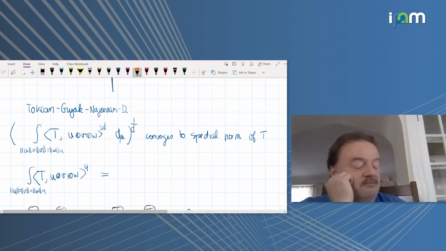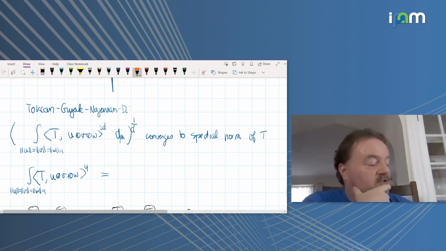So to make this relevant for this conference, you could, for example, compute the following. You take a tensor and you take the inner product with a simple tensor of length 1, and then you integrate this inner product.